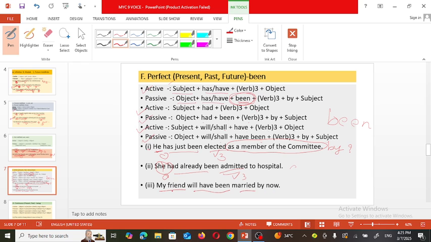So here, who is going to get married? Married is the verb's third form. My friend. So that is the object, as the marriage action is going to take place on my friend. And this is the helping verb: will have been. So, my friend will have been married by now. This sentence is in the future perfect tense and in the passive voice.